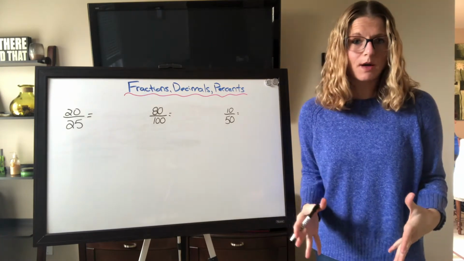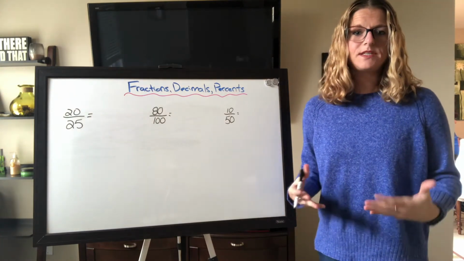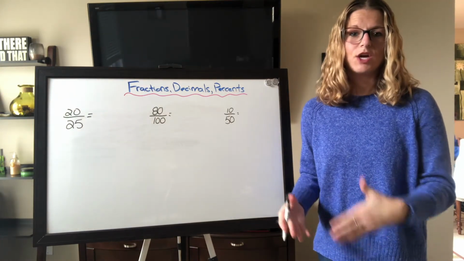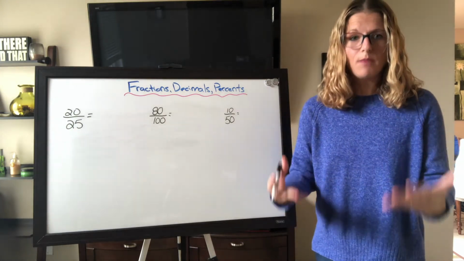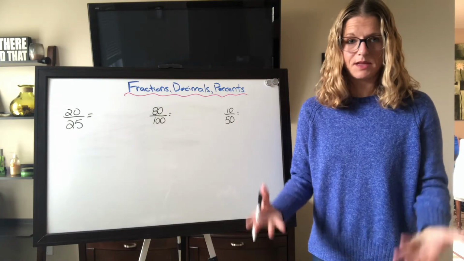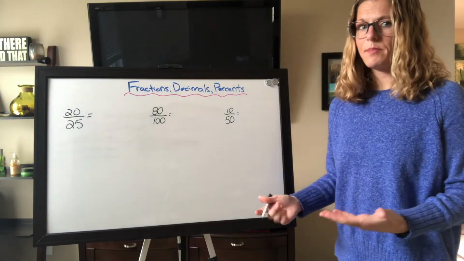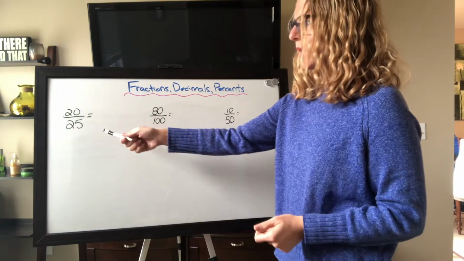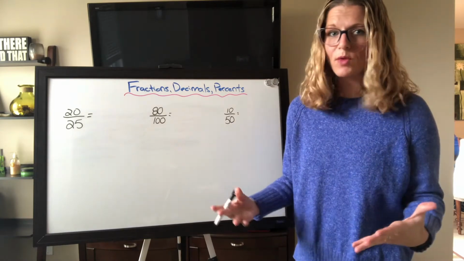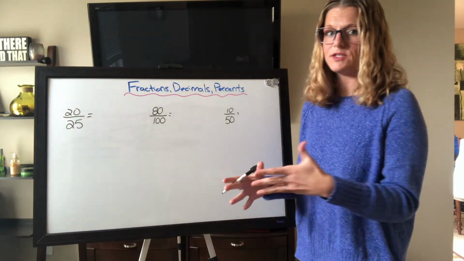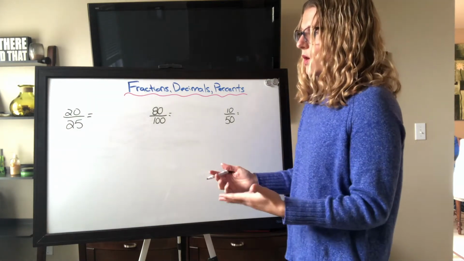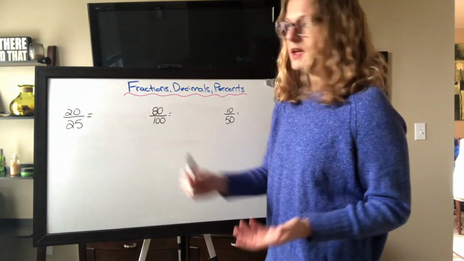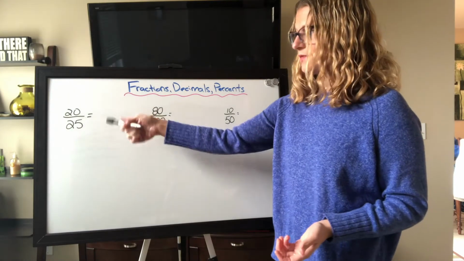Okay, now we're going to talk about lowest terms. Lowest terms means that you need to take this fraction into the smallest it can possibly be. So, for example, the first one I have here is 20/25. Same rule applies. Whatever you do to the top, you must do to the bottom. Whatever you do to the numerator, you must do to the denominator. So, what is a number that can divide into each of these?